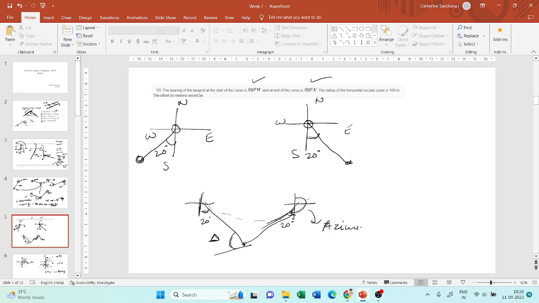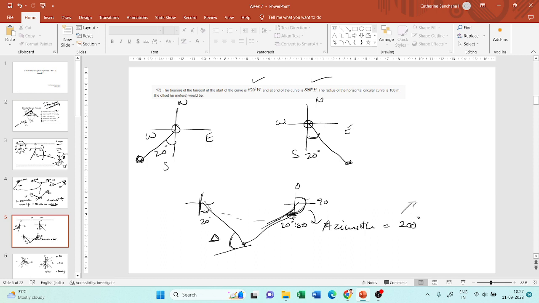So what is the azimuth? It comes here, right? You know that this is 0, 90, 180 and this is 20 degrees more than 180. Azimuth is measured with respect to north always, right? So it is 180 plus 20, which is 200 degrees.